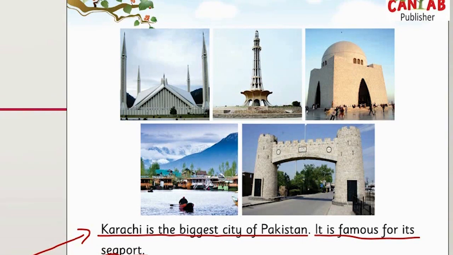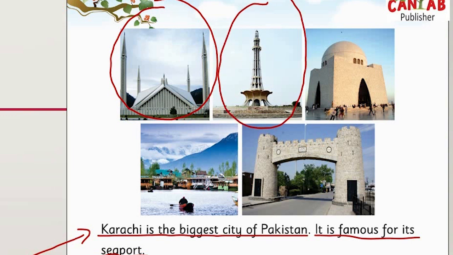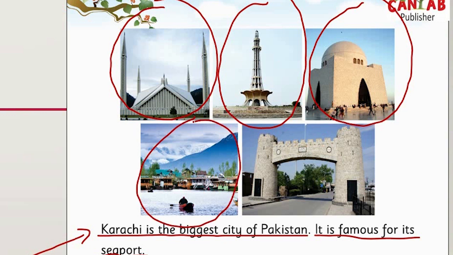These pictures you see: this is the Faisal Mosque in Islamabad. This is Minar-e-Pakistan in Lahore. This is the Tomb of Quaid-e-Azam in Karachi. This picture is from Kashmir, the disputed area. And this is Bab-e-Khaybar, which is in KPK.